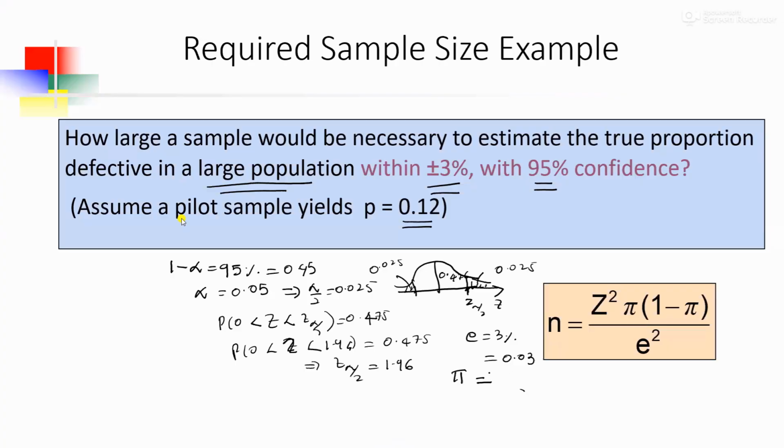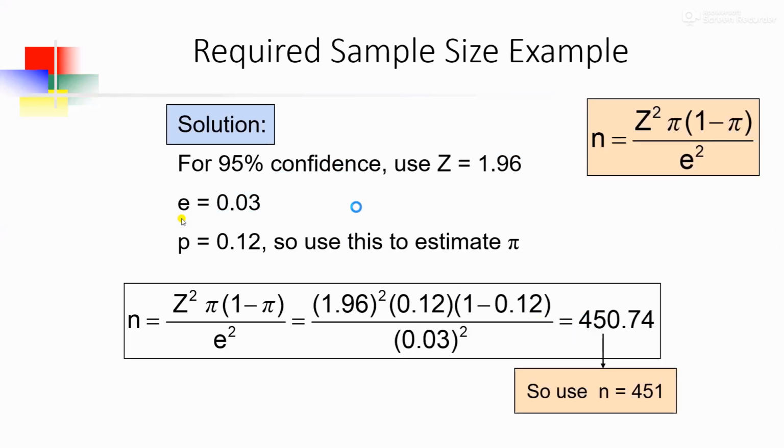And by substituting all these figures in this formula, you can get the n value, right? So here, for the 95% confidence, Z is 1.96, E is equal to 0.03.